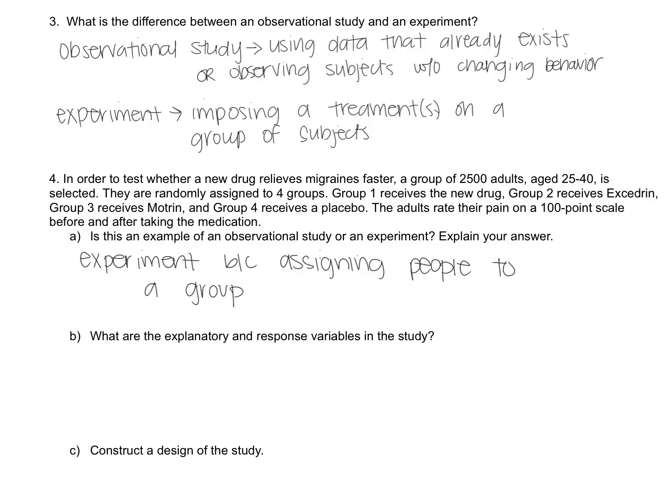If you had asked the subjects to just take whatever pain medication they currently take and then rate their pain before and after taking it, that would be an observational study because you're not asking them to change something that they would normally do. But it doesn't really help when you're trying to test a new drug. Anytime you're trying to test something new, you typically have to do that through an experiment.